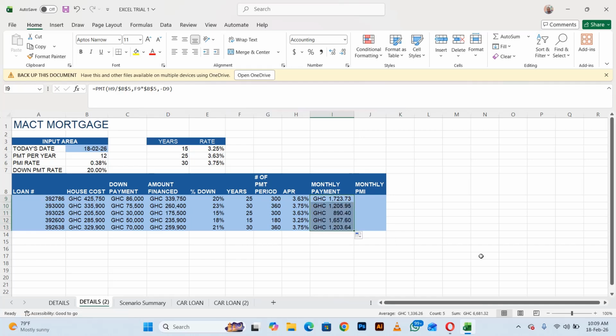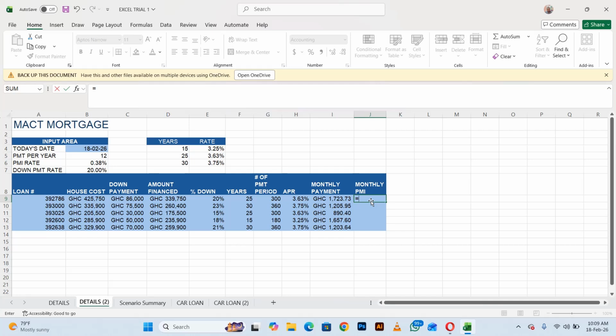So this is the amount that you'll be paying per month. And then next, we go for the monthly insurance payment. What does this mean? I've already explained that from the beginning of this video when we were talking about the PMI rate, which is 0.38.